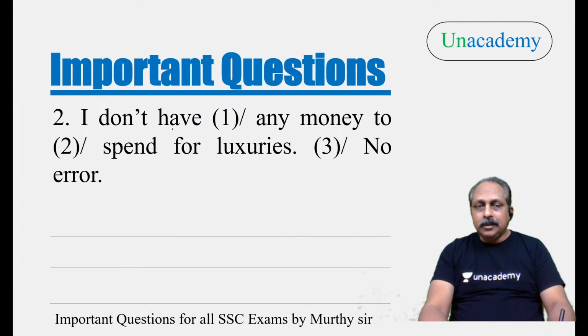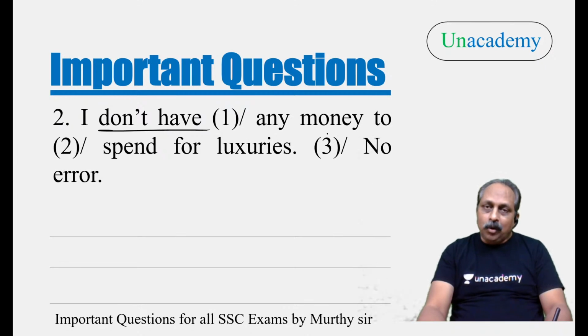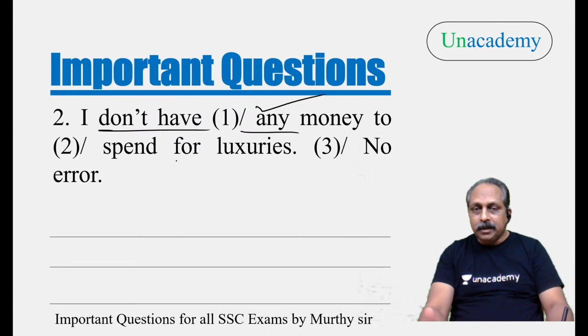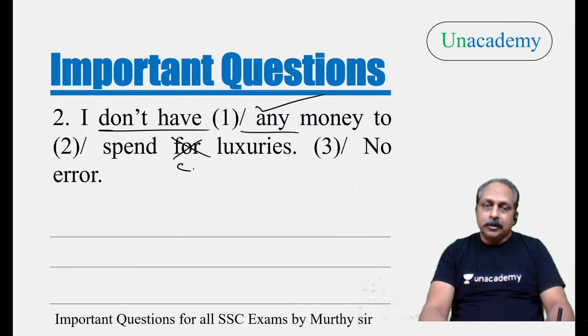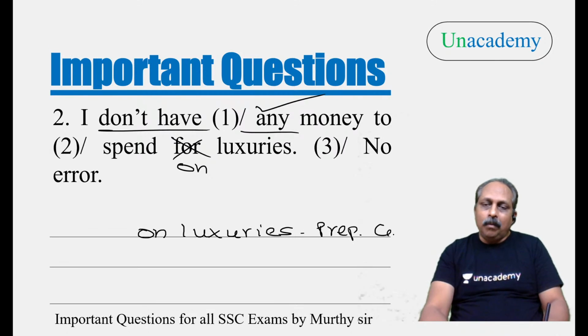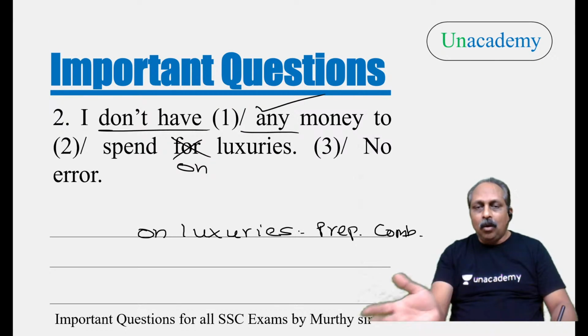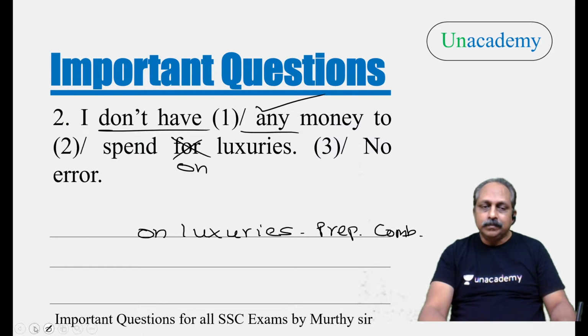Yes, that is right, Haritha, you got it right. Here, I don't have, it is a negative form. When the sentence is interrogative or negative, we have to use any. If it is affirmative, we have to use some. So there is no error there: I don't have any money to spend. To spend for luxuries is not correct. It should be on luxuries. What is the correct preposition? On. On luxuries. This is also based on prepositional combination. Spend on luxuries, not for.